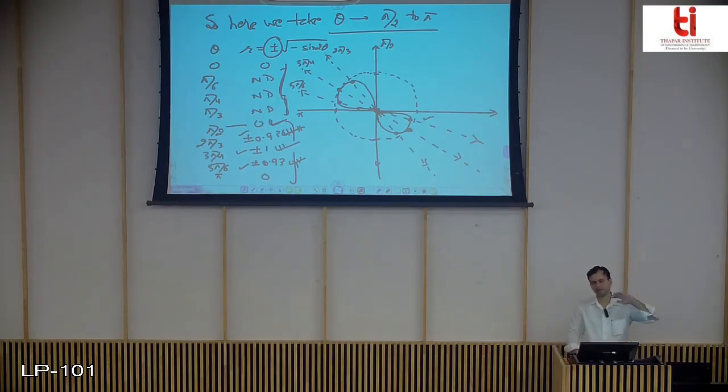Whatever point we had in the second quadrant, we got its mirror image in the fourth quadrant. So here we need not use any symmetry, and the full graph comes out just from the values of theta and R, because R was plus minus. So this is your graph for R square equals minus sine 2 theta.